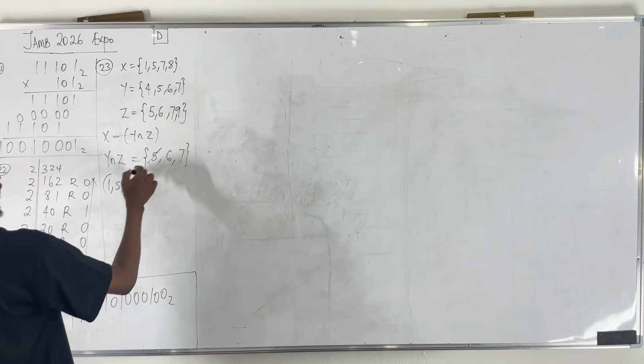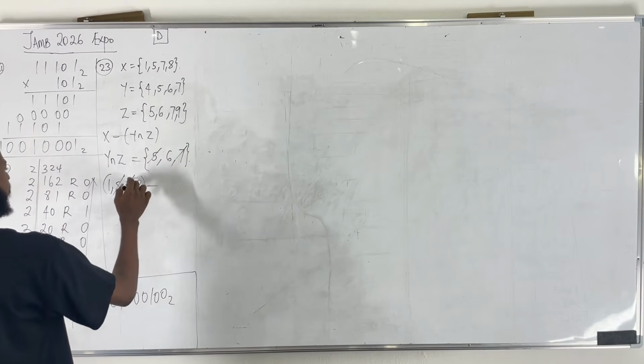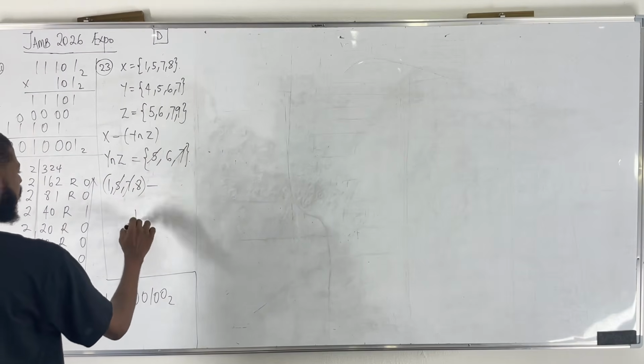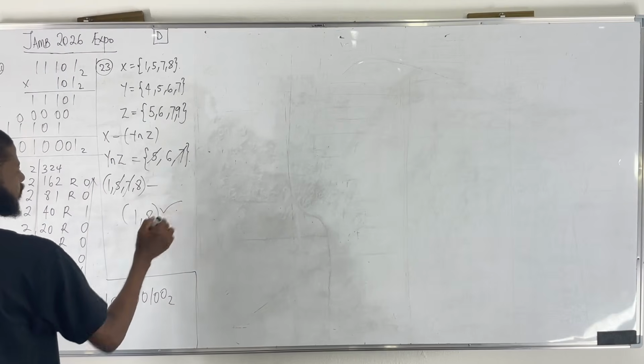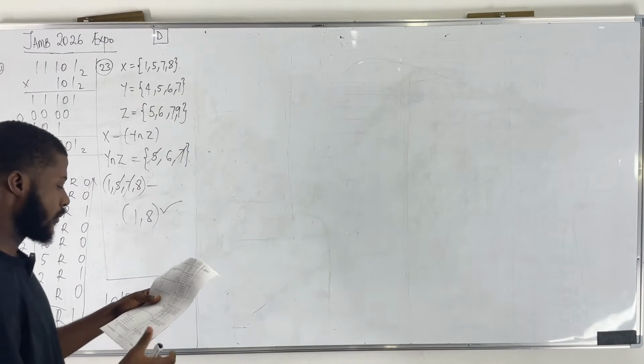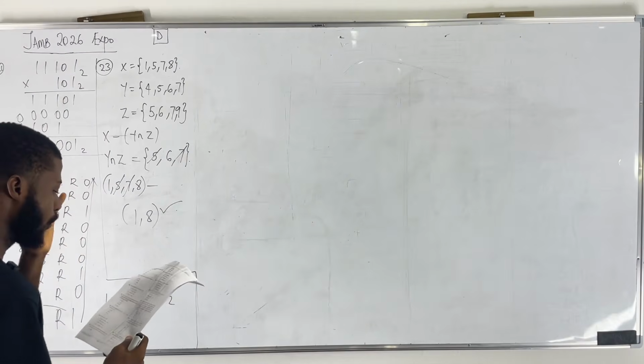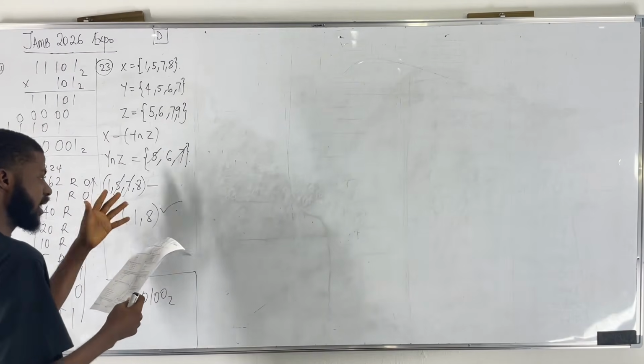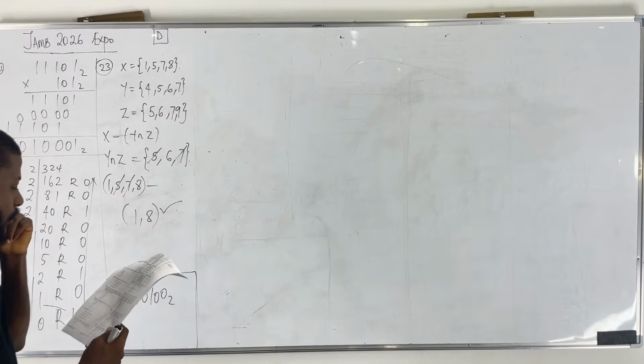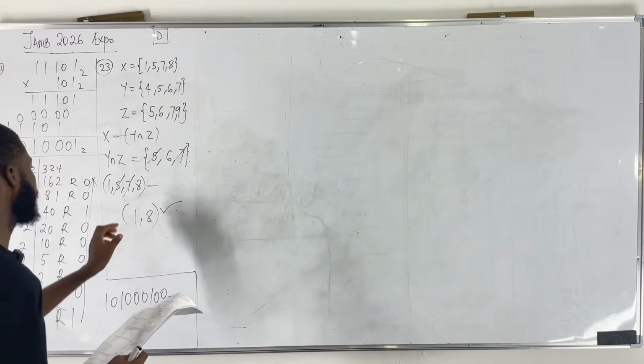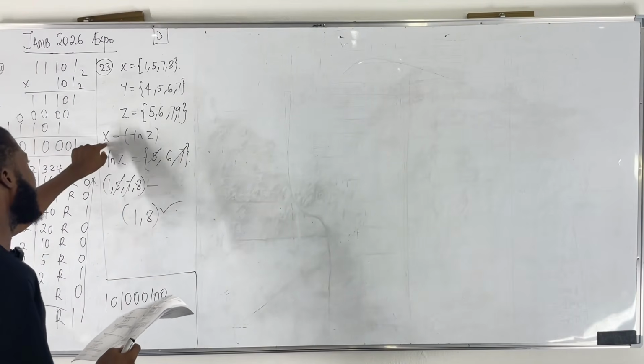There's 5 here, there's 5 here, so it goes. There's 7, there's 7. So what's remaining is 1, 8. This will be the answer to the equation. So that's all you have to do. It's the remainder of what's remaining in x.